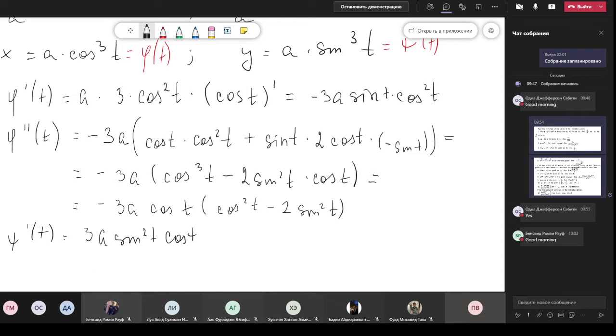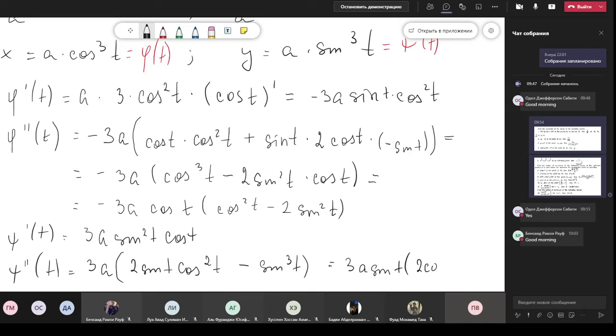The same way, psi 2 prime of t is 3a times 2 sine of t cosine squared of t minus sine cubed of t, or 3a sine of t times 2 cosine squared of t minus sine squared of t.